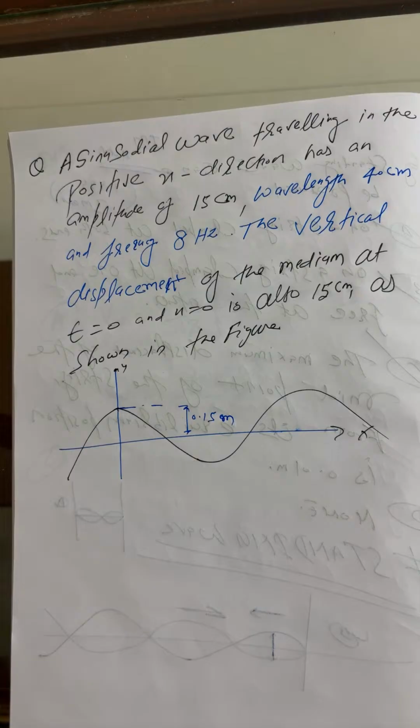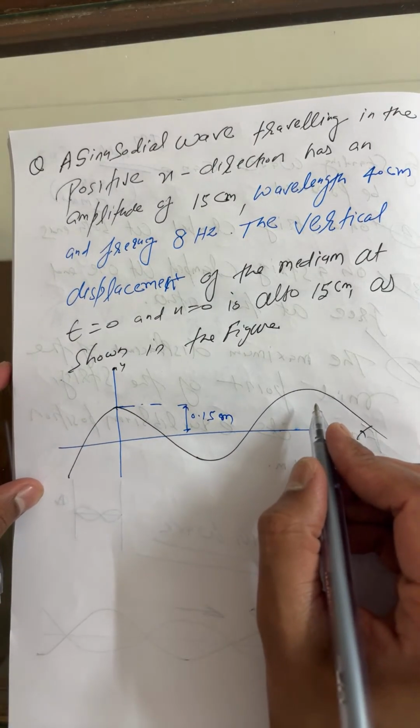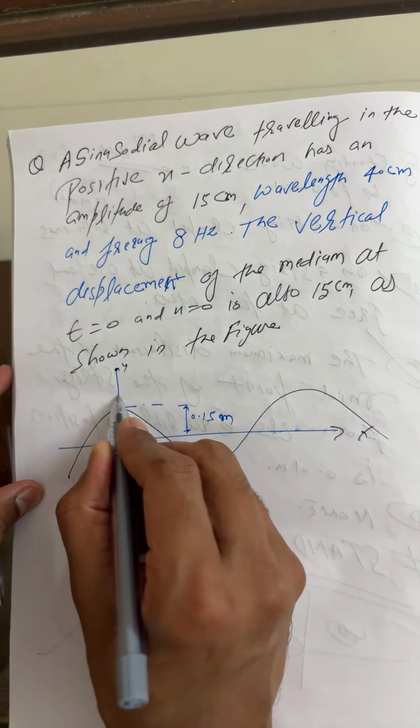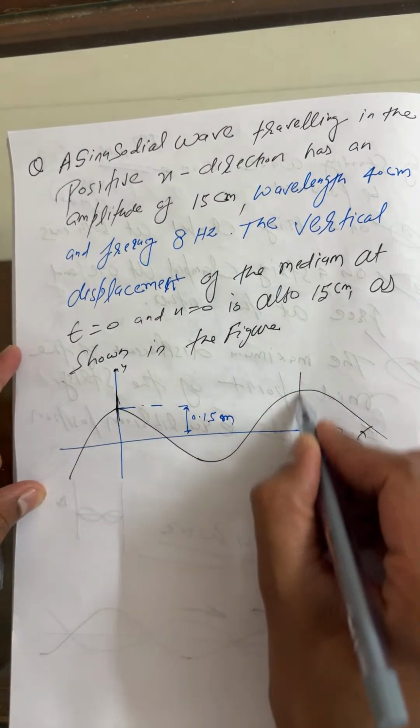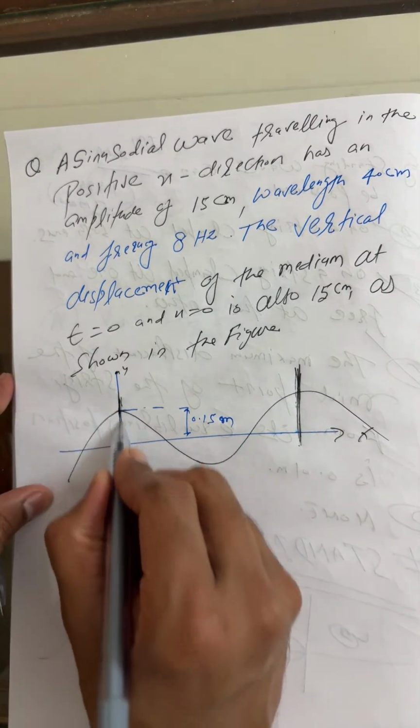Beta, wavelength, how much is mentioned here? That is 40 centimeter. I hope all of you remember wavelength is from here to here.